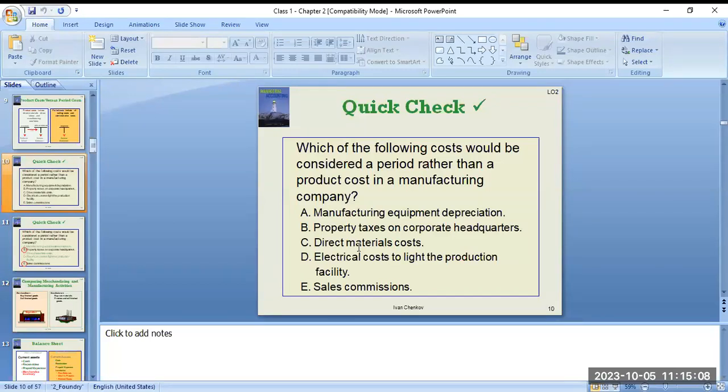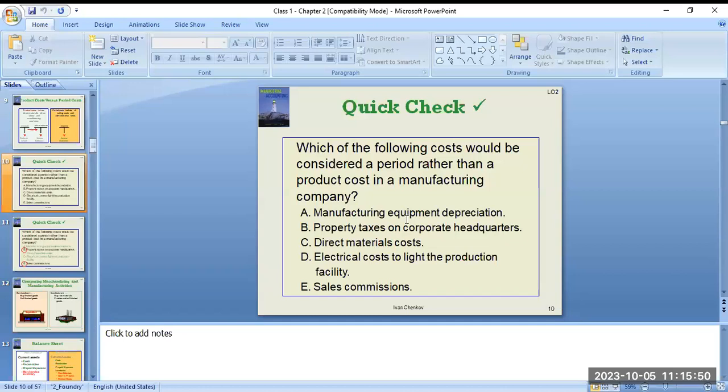Manufacturing equipment depreciation. Is this related to the product? Not exactly, I would say. Not exactly to the product, but indirectly, is it related to the product? The question is, do I need the equipment in my factory to produce the product? Yes. So is it product cost? Yes. What kind of product cost is it?